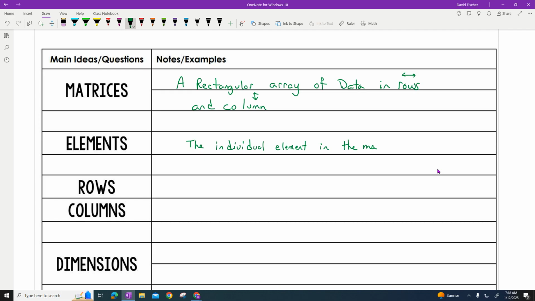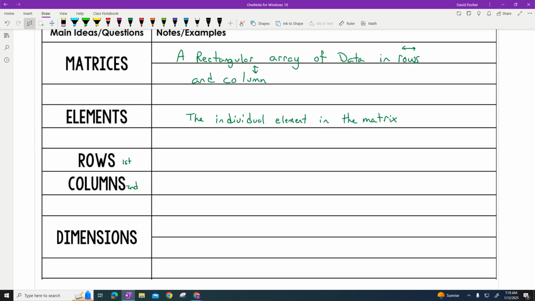Gotta get some definitions before we can talk about it. Here we are with rows and columns. Rows always come first, and columns always come second. Again, this will make sense when we first see our first matrix.